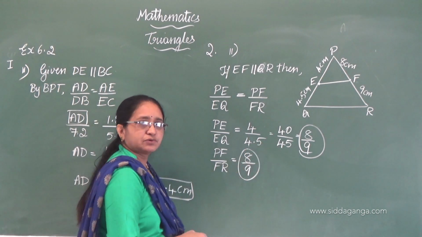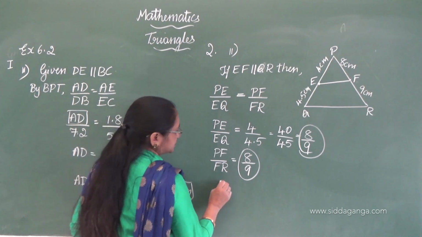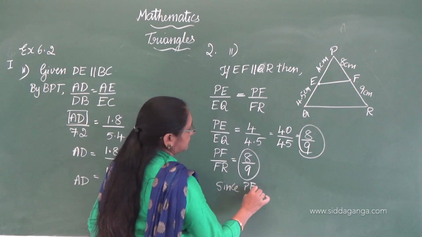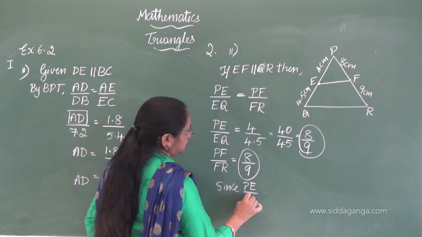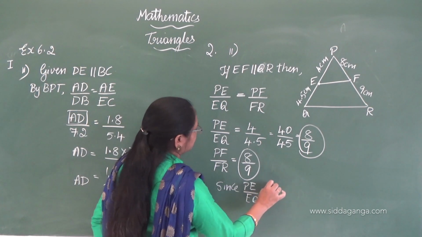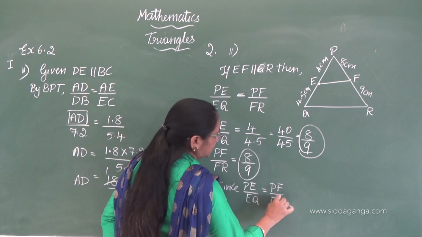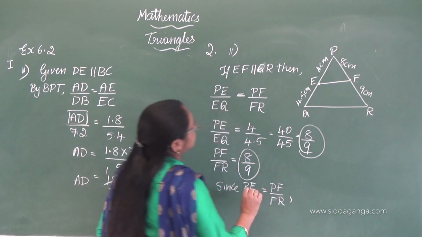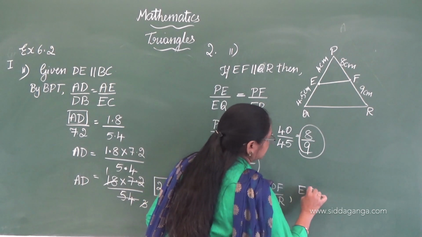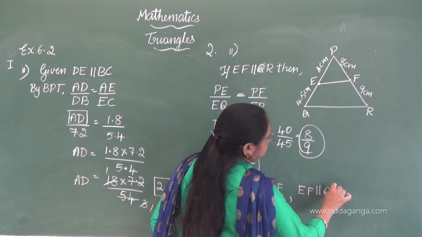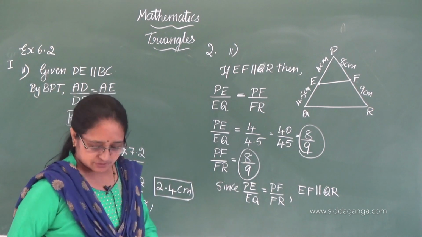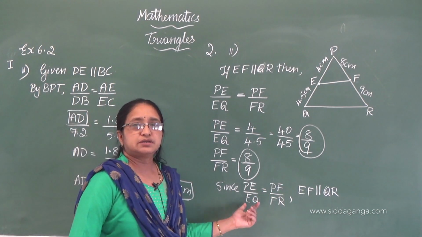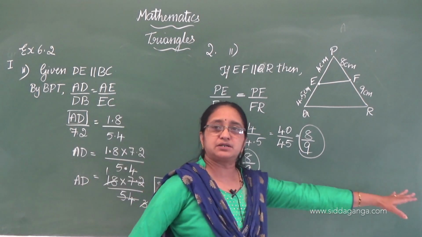You will get the same. Since PE by EQ is equal to PF by FR, since they are equal, we can come to the conclusion that EF is parallel to QR. Suppose in some other example, if they are not equal, then you should say that EF is not parallel to QR.